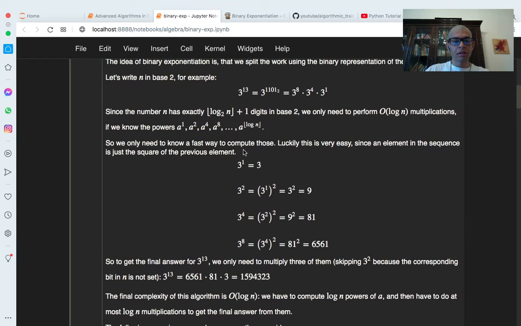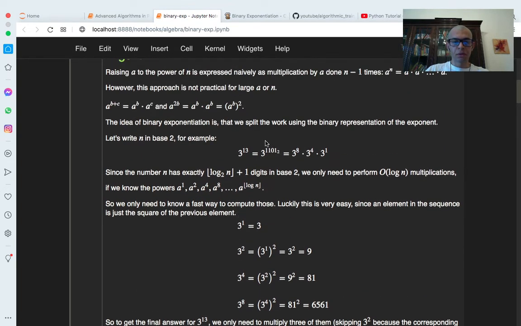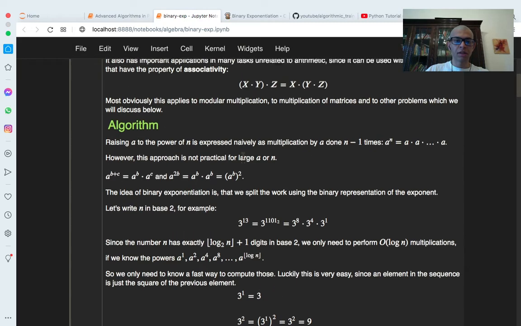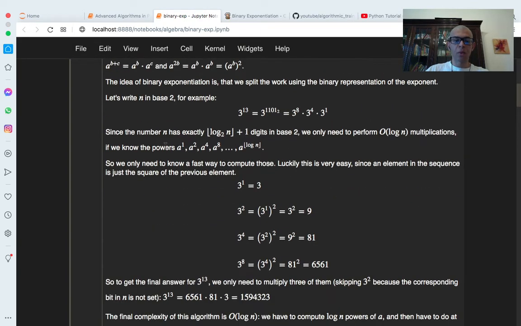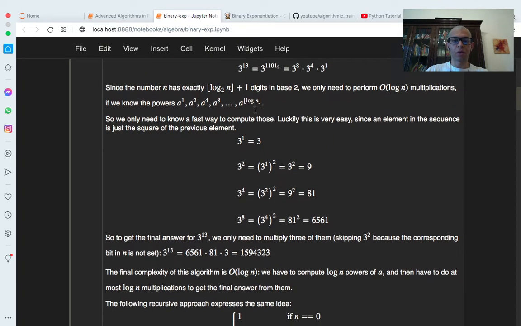And this kind of exponentiation is binary exponentiation. This is how we are able to calculate this power of a in log of n time, or log base 2 of n.